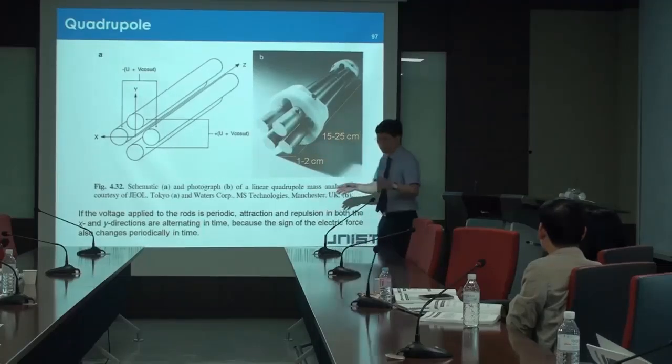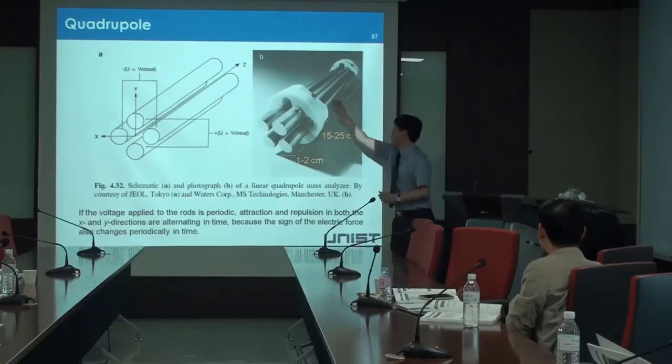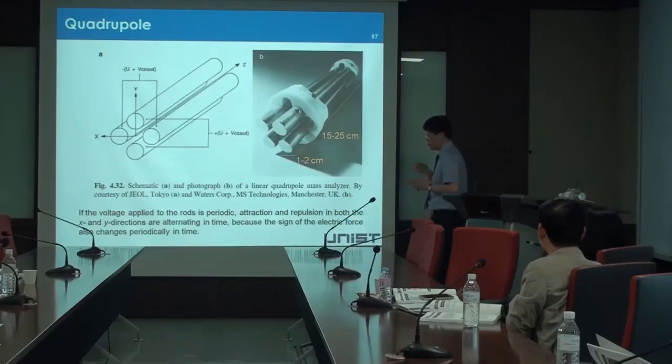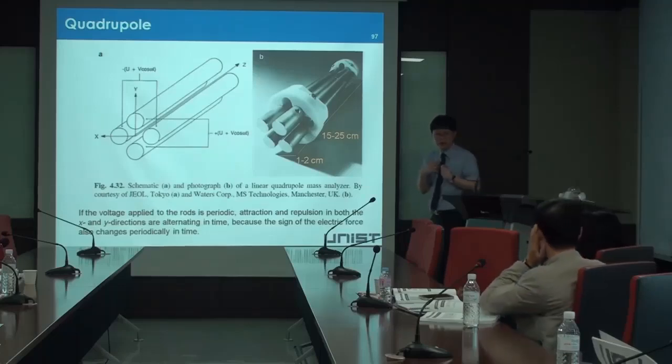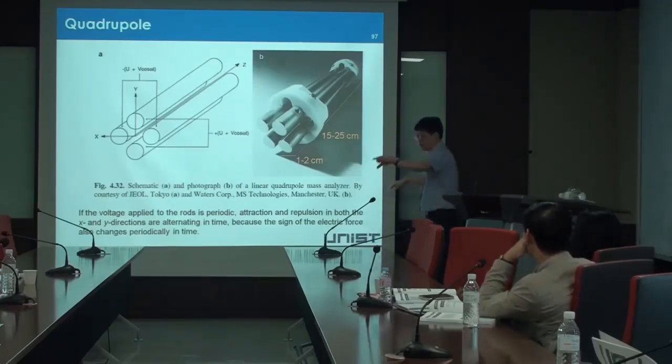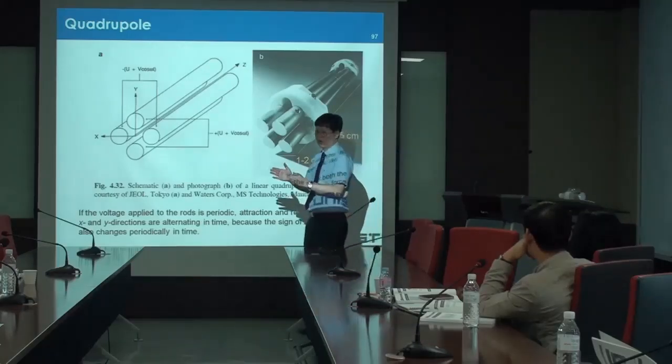Again, there are 4 rods this way, and the ion tries to go straight. But the ion is positive, right? So the right side rod becomes positive and the left side negative, and then the ion tends to move this way.